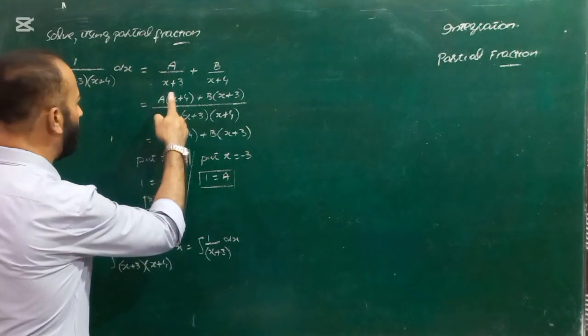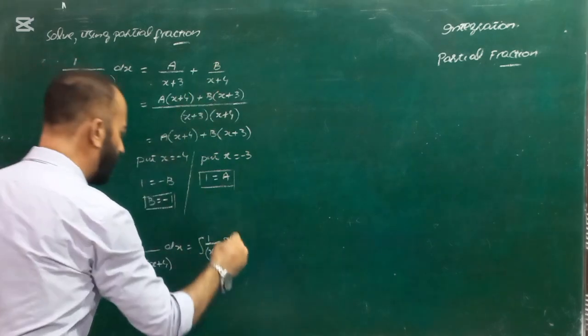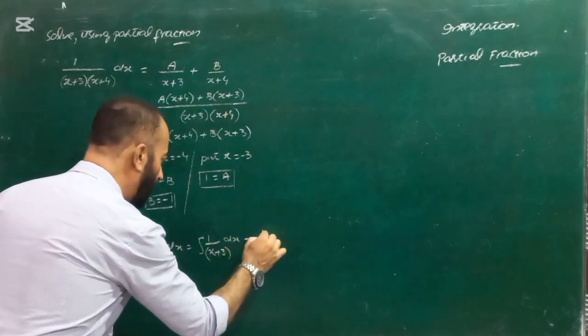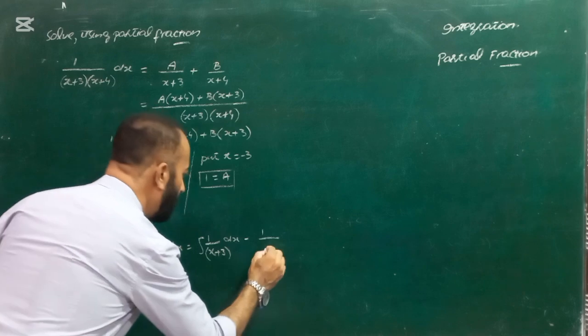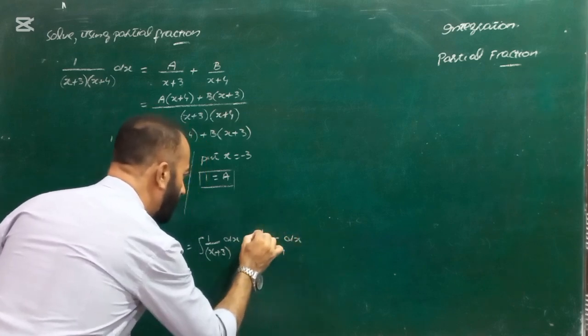So 1 over x plus 3 plus b, b's value is minus 1, so plus minus will be there. So minus 1 over x plus 4 dx.